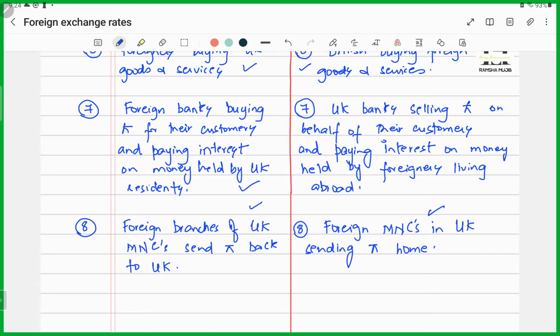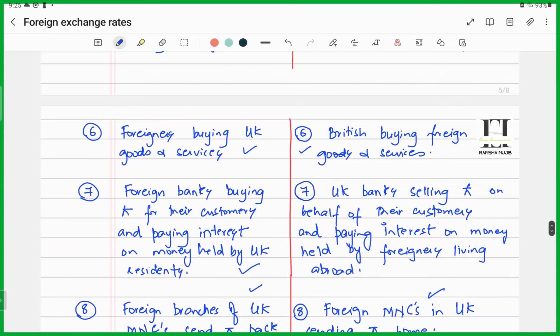So if there are certain UK firms in other countries sending back profits to the UK, they would be converting their currencies and demanding pounds in order to send back profits home. So these are the international transactions for which we would be requiring demand and supply for pounds.